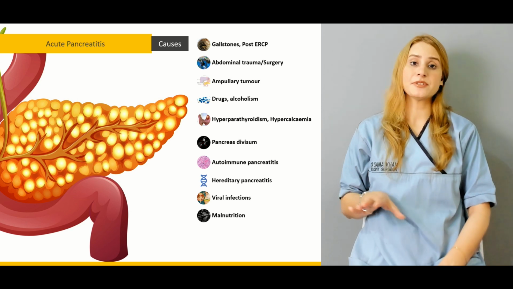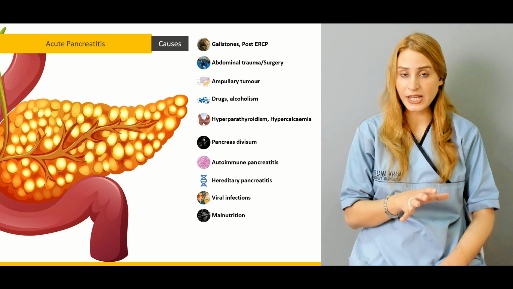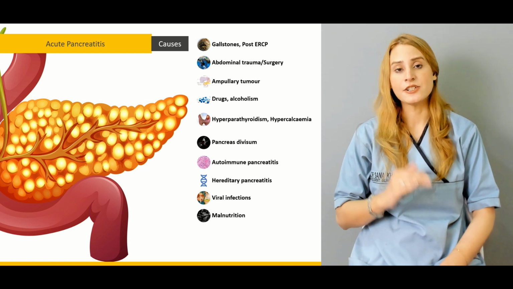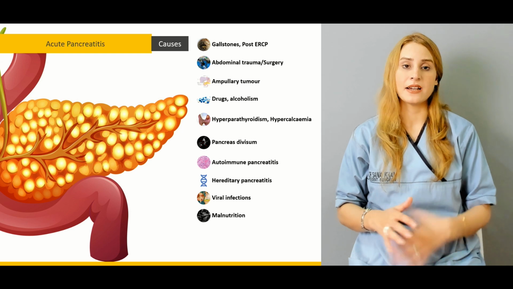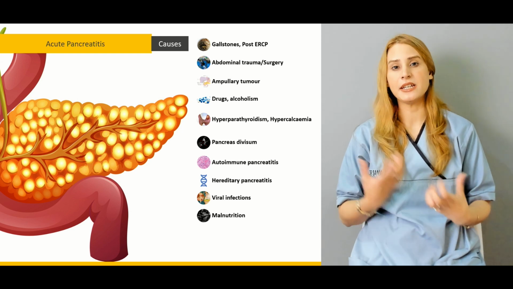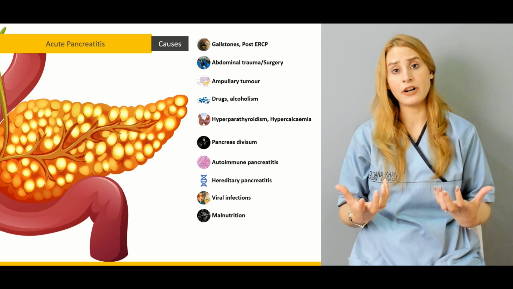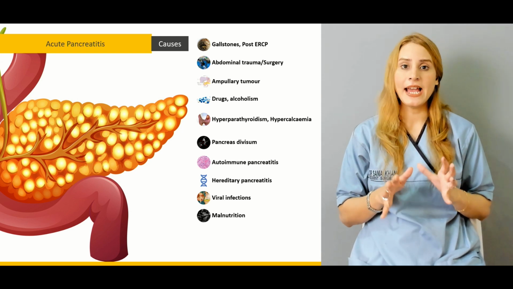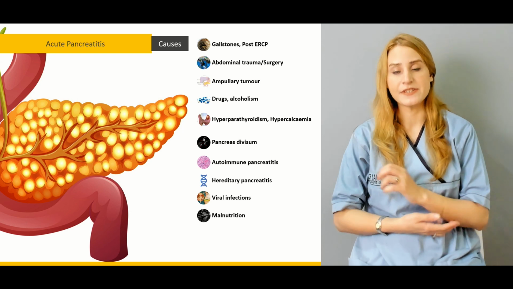So 75% of the cases are gallstone related, and they also develop secondarily to ERCP, because in ERCP you are disturbing or working on the pancreatic tissue, and ultimately because of that there's a pancreatitis.